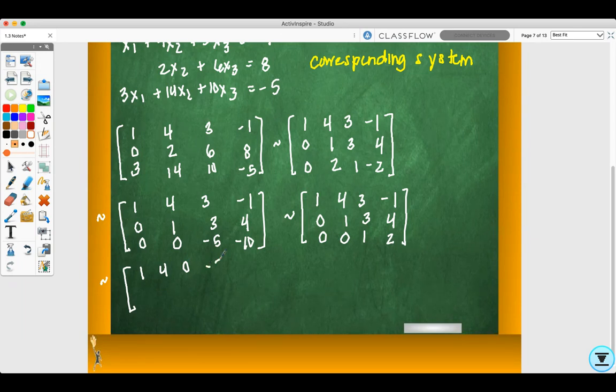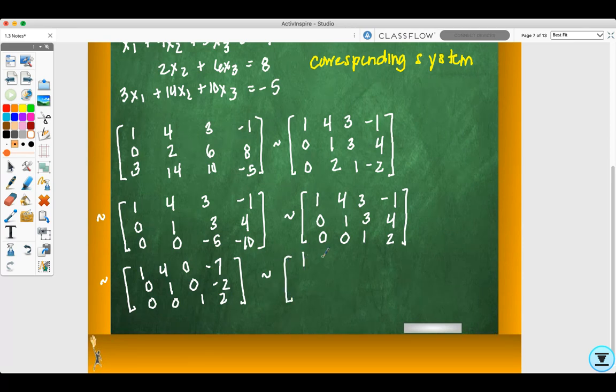So that gives me 1, 4, 0, negative 7, 0, 1, 0, negative 2, and nothing happened to row 3. Then I want to eliminate this 4 above the 1, so I'm going to take negative row 2 and add it to row 1.